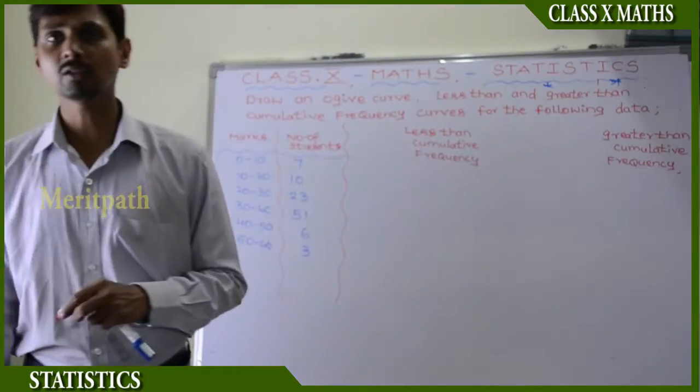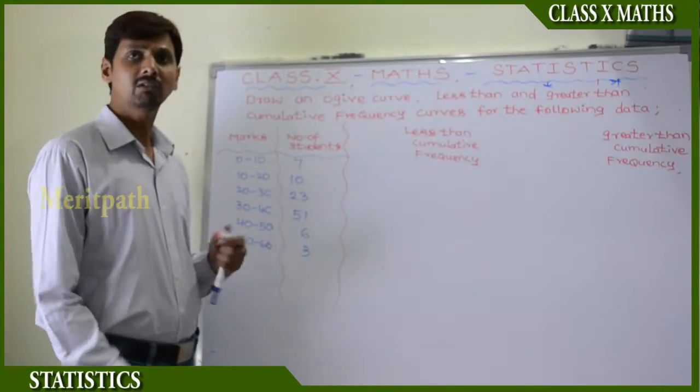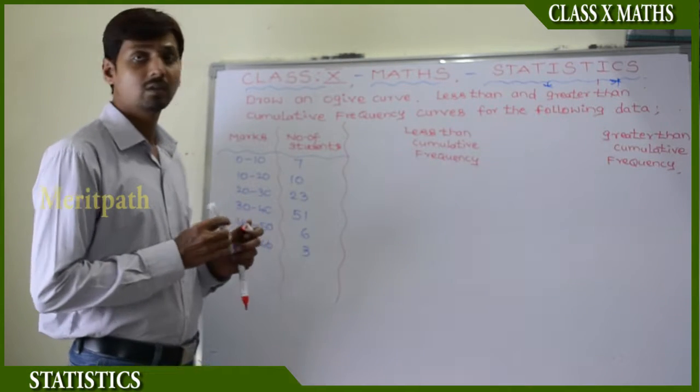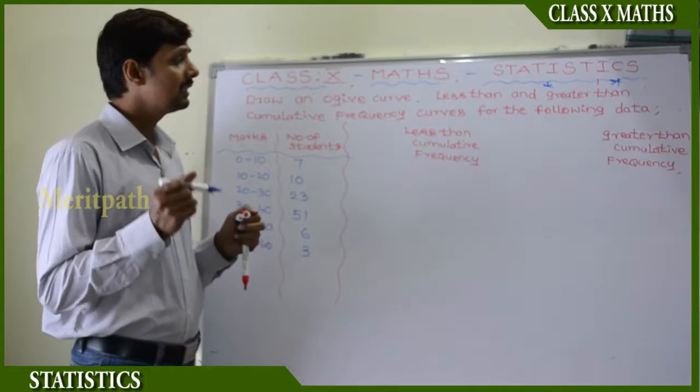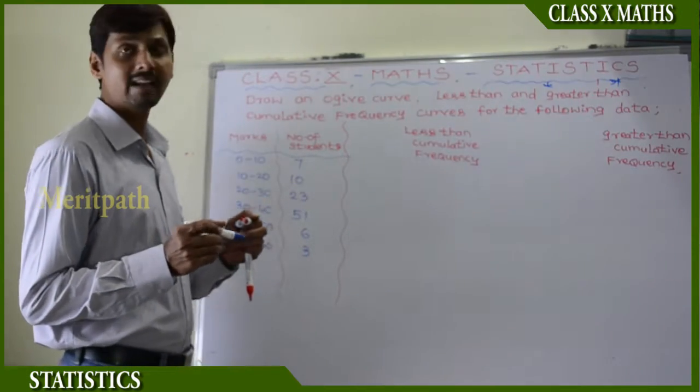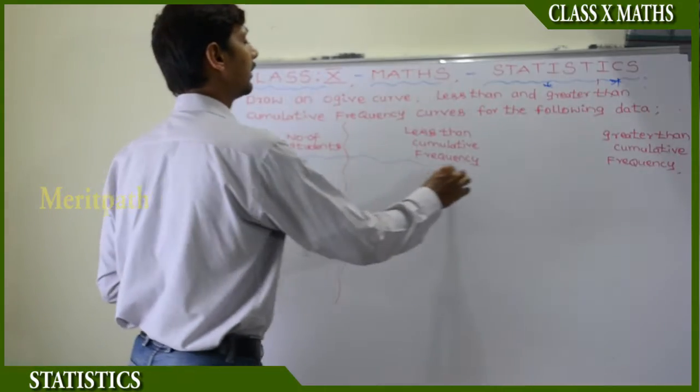We'll find the less than cumulative frequencies and greater than cumulative frequencies first.